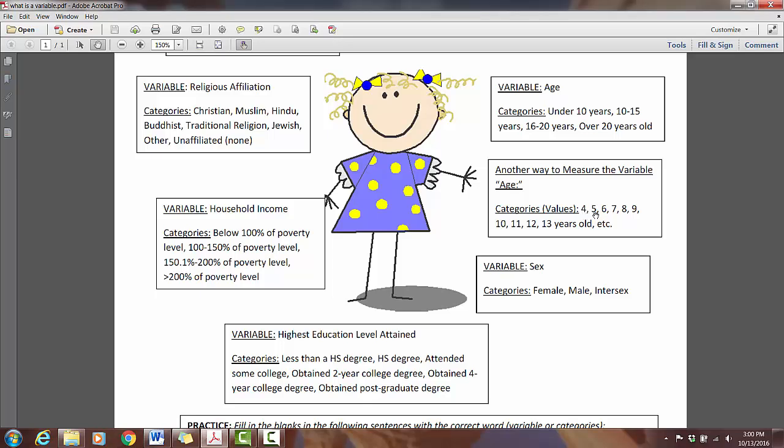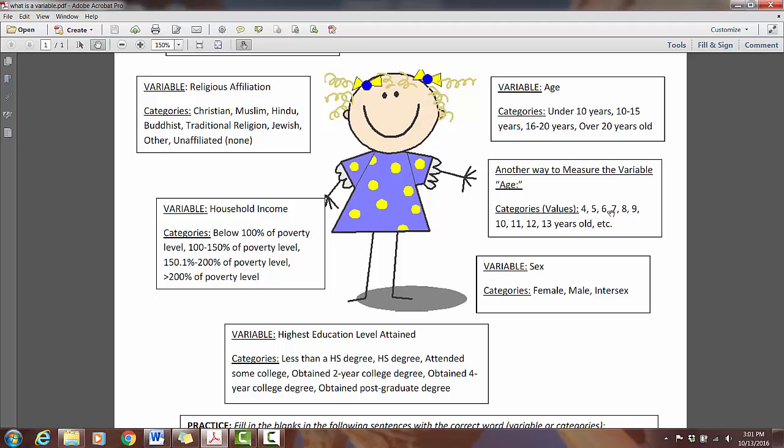Then the next category would be 5 years old, and then 6 years old, and then 7 years old, etc. And so we would keep track of which kids were 4 years old, 5, etc. Age is again their characteristic. The categories we're using to measure age in this case are individual numerical ages, 4, 5, 6, 7.